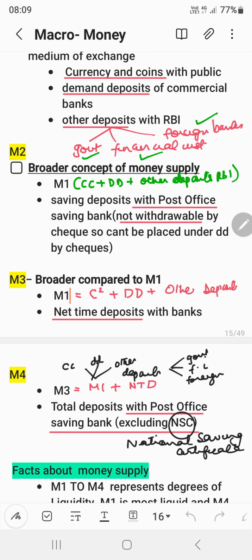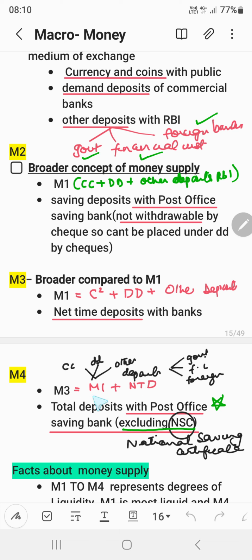And the new thing over here is the deposits which are with the post office, excluding the National Saving Certificate. NSC, the full form is National Saving Certificate. So when we are talking about what are the components of M4, M4 includes M3 plus the total deposits with post office saving bank, excluding the NSC. Please, this is very important to remember that it does not include the National Saving Certificate.